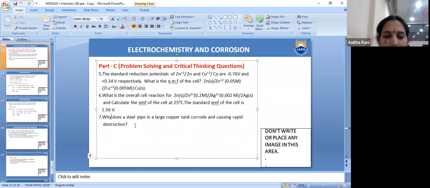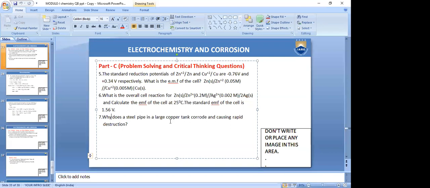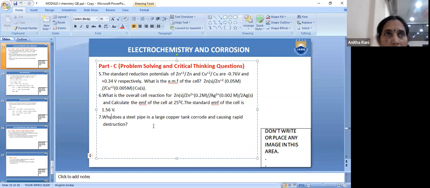Where the corrosion takes place: there is a small steel pipe fitted in a large copper tank. The steel pipe is undergoing corrosion. It acts as a small anode. There is a large copper tank, so a large area of cathode, and it will undergo the reduction reaction.